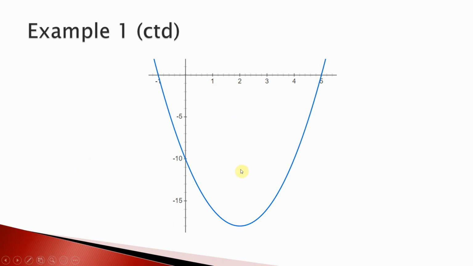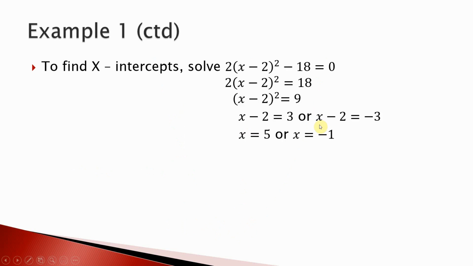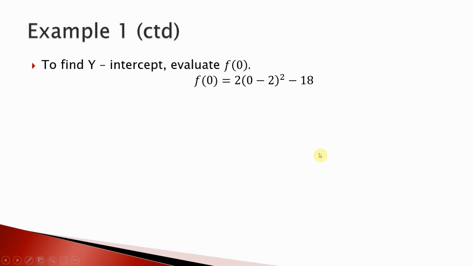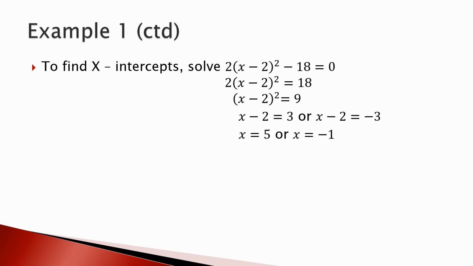So this is 2, negative 18, and the x-intercepts are negative 1 and 5, and the y-intercept was negative 10. To find this you have to solve this equation. If it's in standard form, it's very easy to solve.